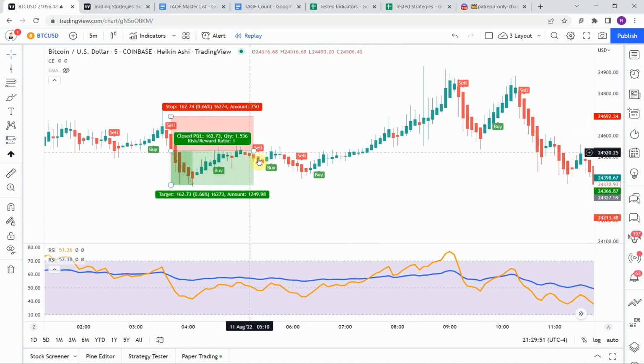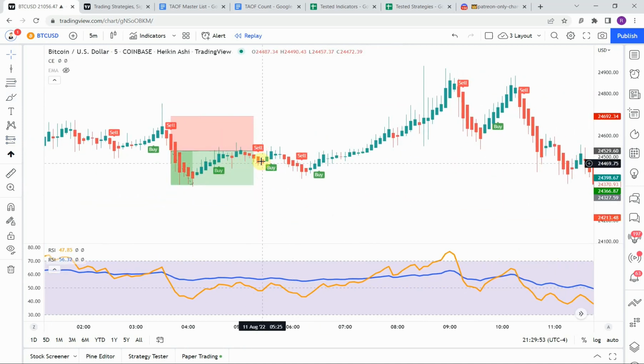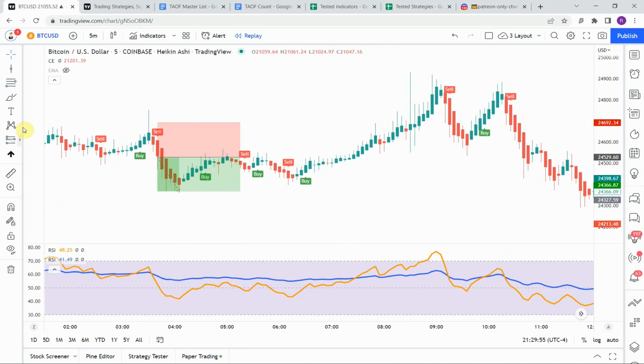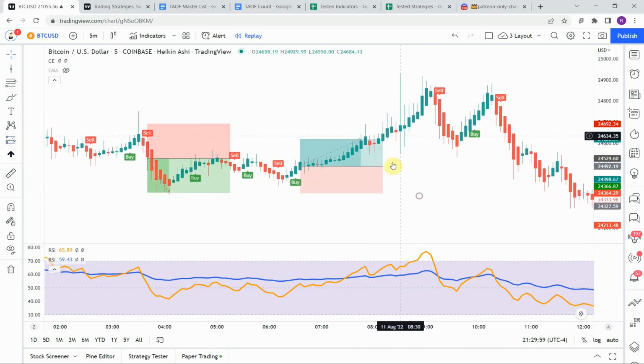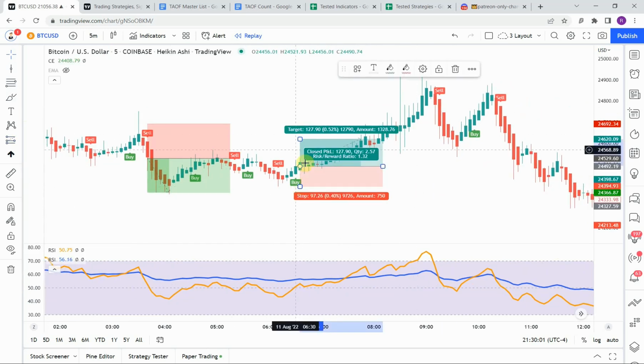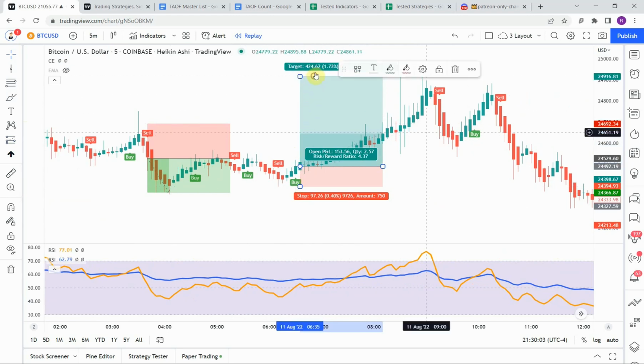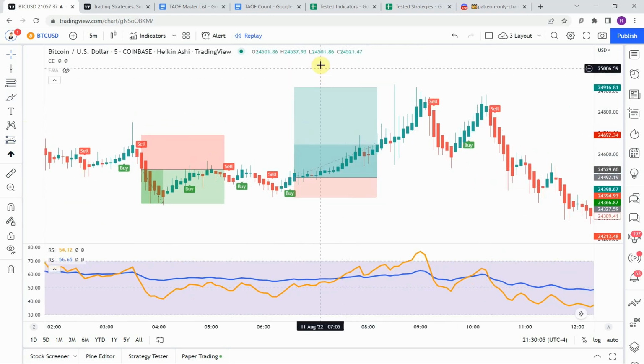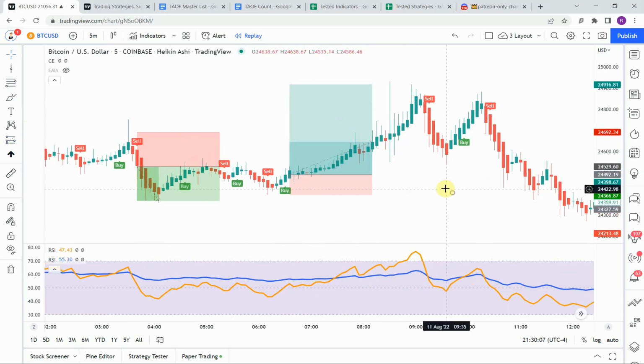So you would have got that. These would have been filtered out because of the RSI, and then over here we would have gotten this one right here. This would have been a mega winner, because wow, look at that, we would have gotten all the way up to 170% on that.